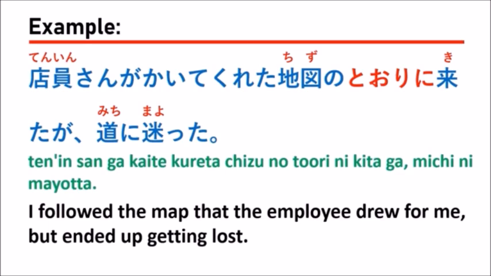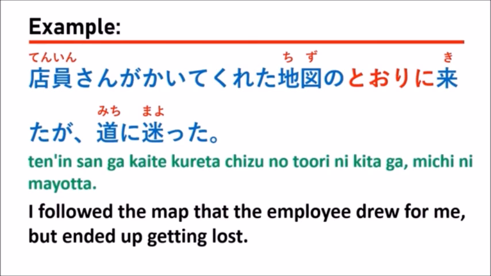So what you should remember is that if you put no between the noun and the tori, you pronounce the sound tori. But if you don't have the no, you should change the sound to dori. So in this sentence you can say chizu dori ni, or you can say as here chizu no tori ni.